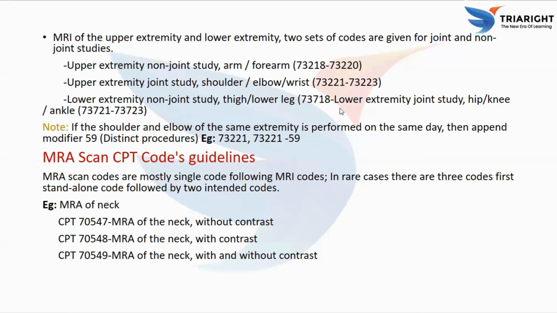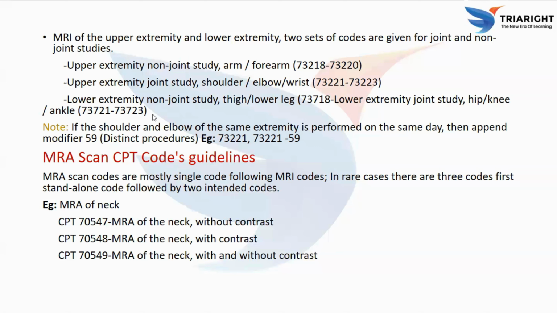Whereas coming to joint study, CPT codes used here are 73721 to 73723. These are generally used for hip, knee, and ankle. So 73721 for without contrast, 22 with contrast, and 23 for with and without contrast.